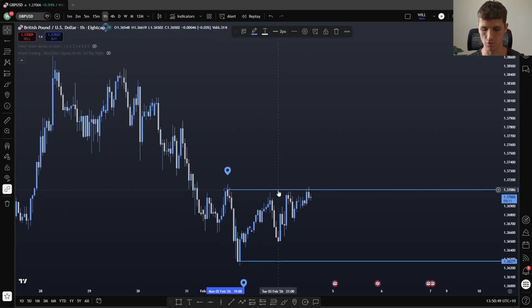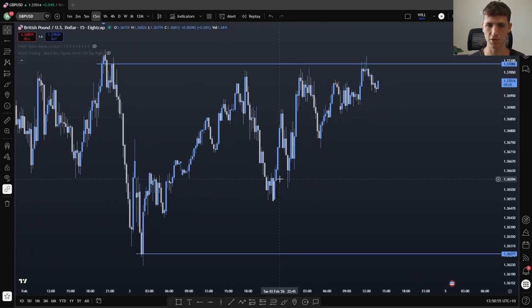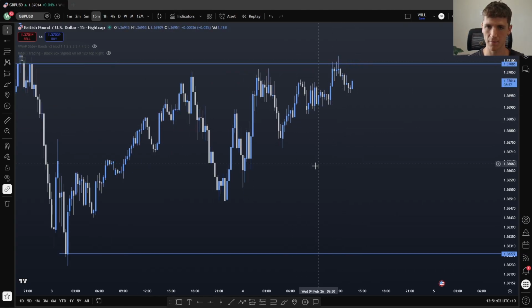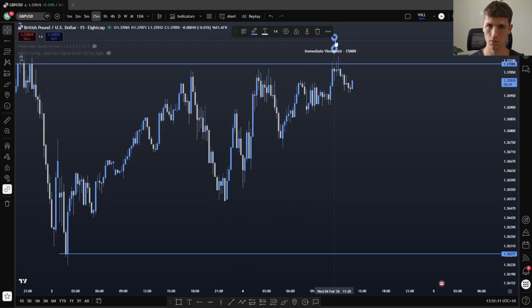What I can see already, I'm going to leave these rays on here. If I go down to the 15 minute, the 15 minute is most likely going to be bullish, because price action is now stepping up. And we can see the previous high is from this high to this low, or probably there is the safest, because this is consolidation.